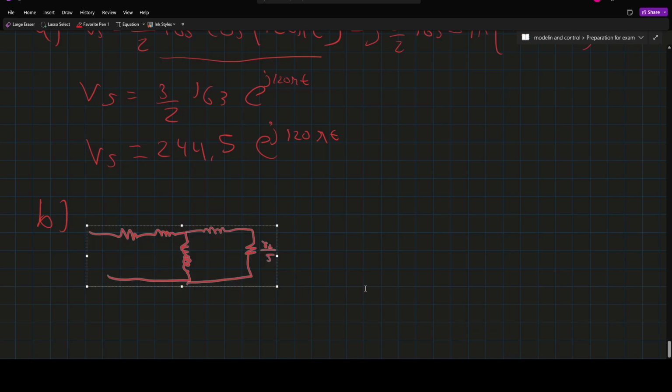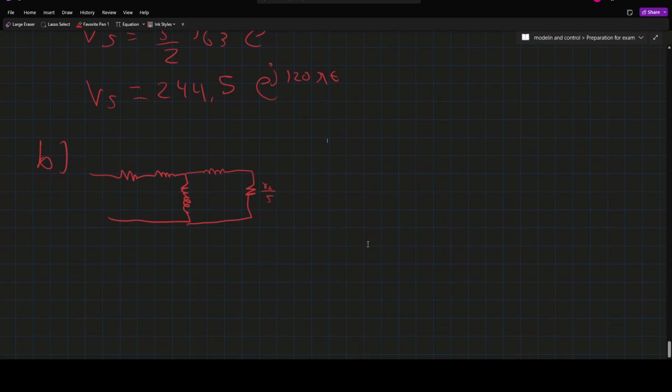Here we have that our slip is R2 over S. Our slip is the percentage that we have: omega S minus omega R over omega S. So if the rotor is locked, this means that we have a slip of 1, of 100%.